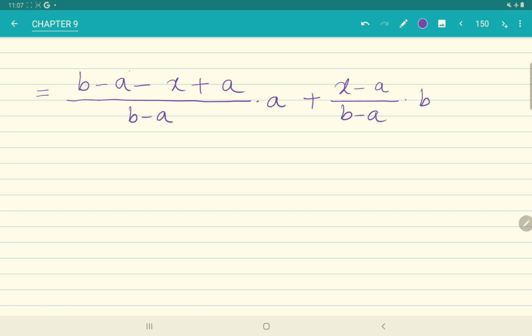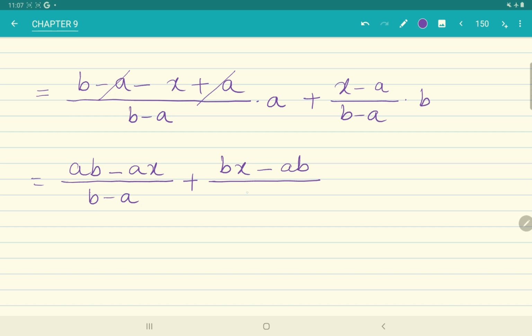So this gives me minus a plus a, these get cancelled. So you have ab minus ax by b minus a. Then you have bx minus ab divided by b minus a. Earlier also it was ab minus ax divided by b minus a. Then it is bx minus ab divided by b minus a.